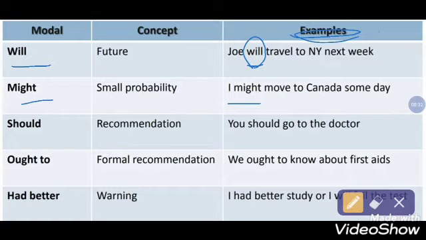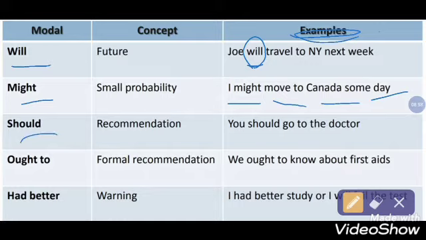It is just something we can imagine or think, like I might move to Canada someday. It means there is some probability, but it's not clear that she will go.